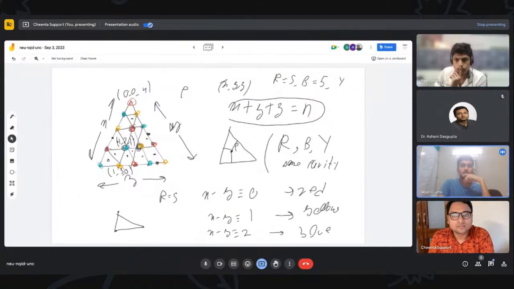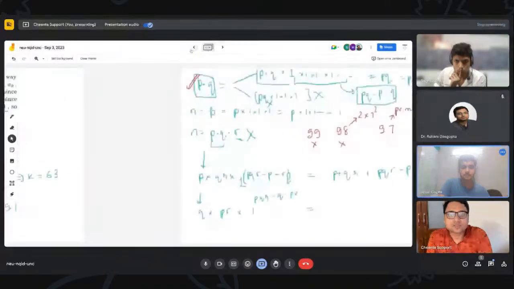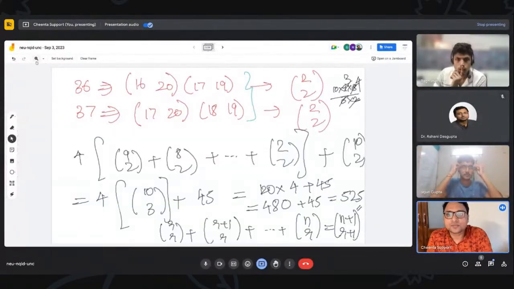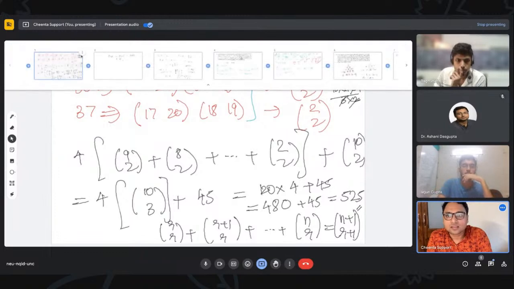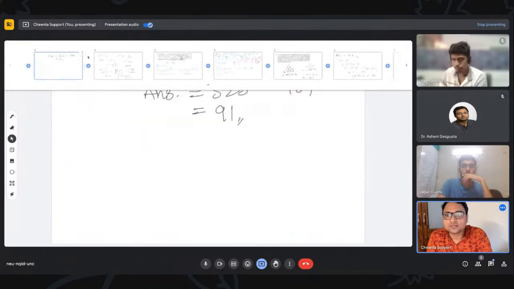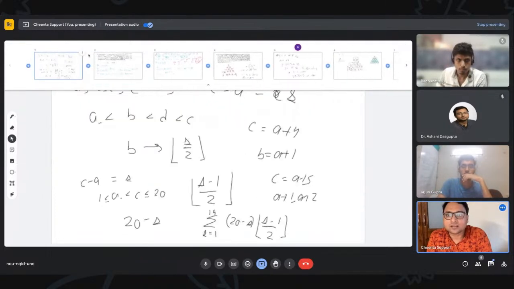Actually, I found a simpler solution to the whole problem. So I would like to present that. Yeah, go ahead. Which page can I use? Let me delete the first few pages, and then you can use the starting point.